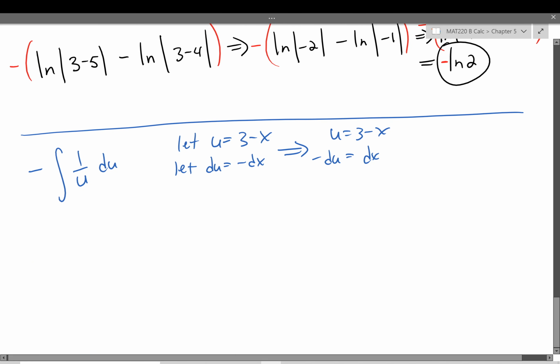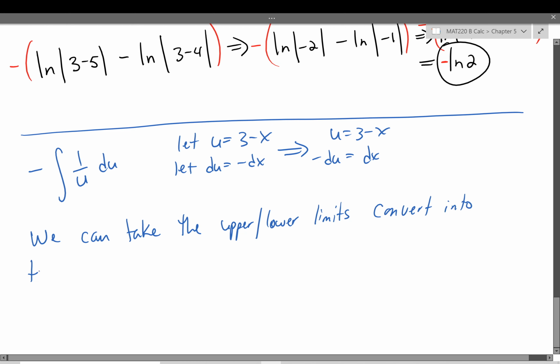Now, if you wanted to, once you converted into the letter u, you could take the upper and lower limits and convert them into terms of u.